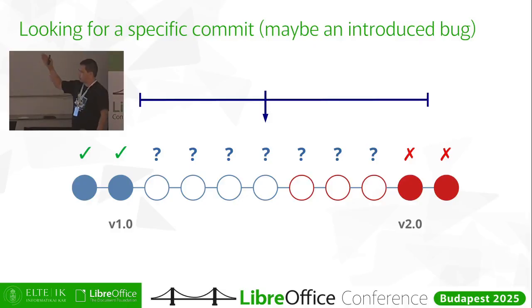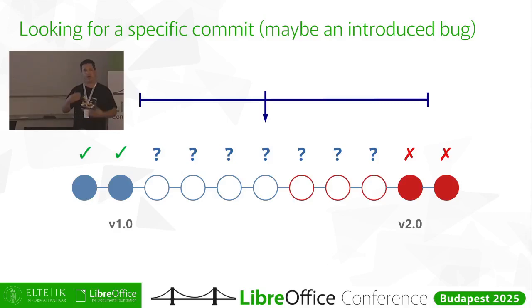So we're going to split the problem in half, and we're going to search. We're going to build LibreOffice, run it, and test it. In this case, we're going to find out that it's behaving correctly, according to the old behavior.